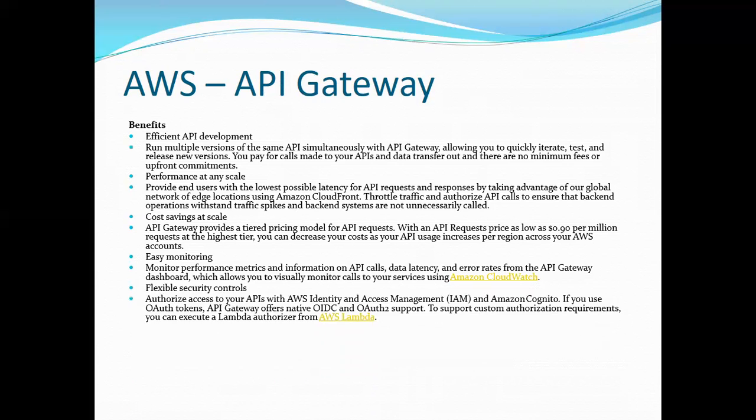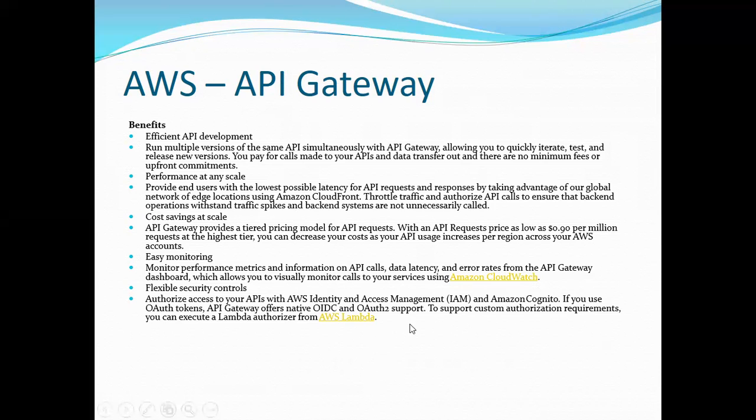Okay, flexible security control. Authorize access to your API Gateway with AWS Identity and Access Management and Amazon Cognito. Okay, we will cover this in the identity access management. If you use OAuth tokens, API Gateway offers native OIDC and OAuth support.